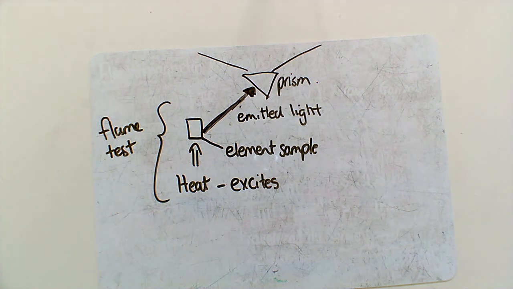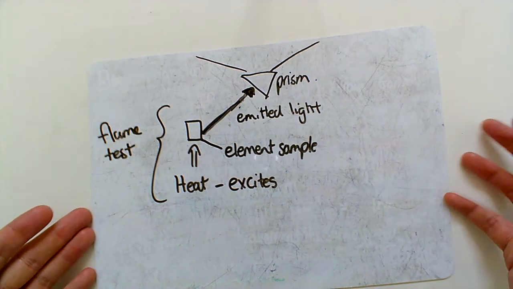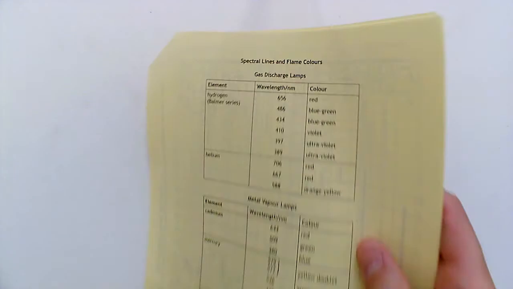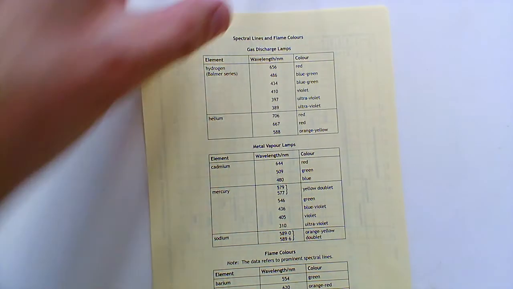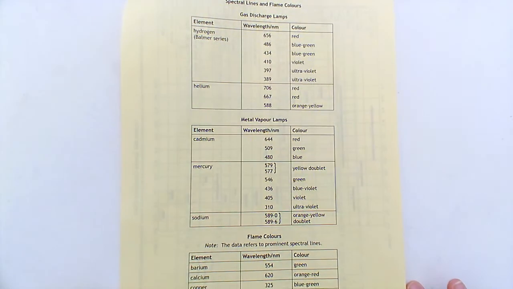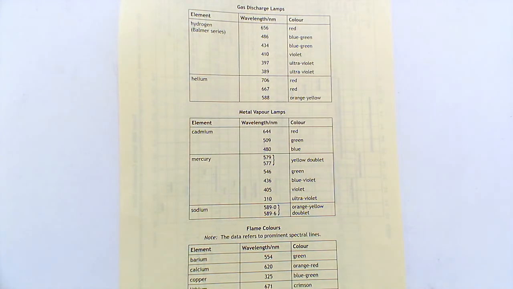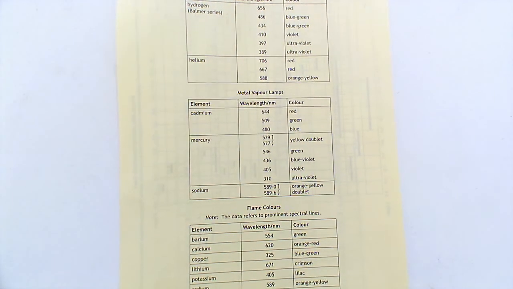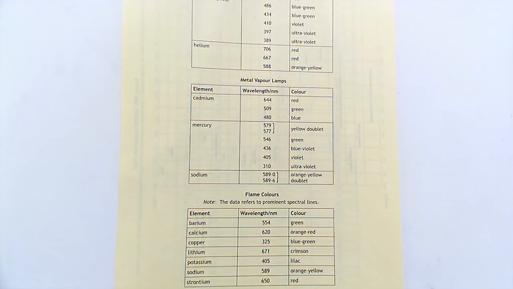Now, there is a table, a whole page in the data booklet dedicated to this, and they can ask you questions about it. So I'll see if I can get that a bit closer. It's page 15 in the data booklet. And what we have, we'll start at the bottom. We've got the flame colours. So these are our flame tests.